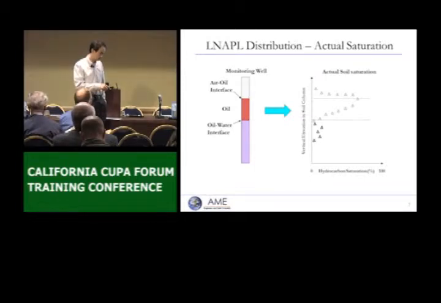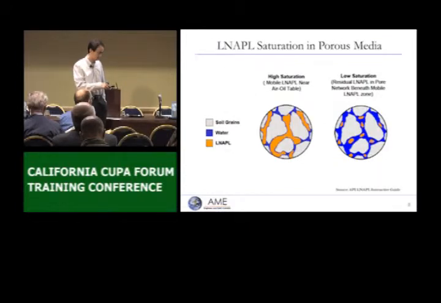Now, I'd like to show you a couple of cartoons, which are pretty good to illustrate this saturation concept. On the left, the pore space is more than 50%, the majority, filled with oil. And water, in this case, is a minority. This typically occurs near the air-oil-water table, when a large volume of oil is released and rushes to the water table, pushing the water out of the pore space to occupy it.